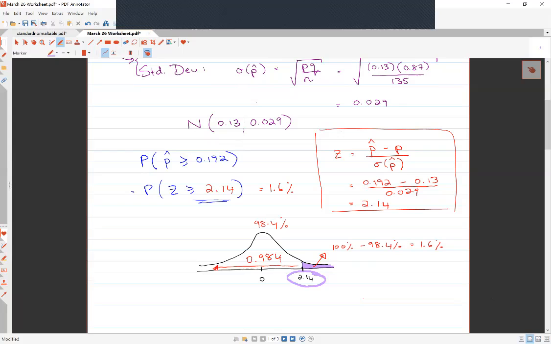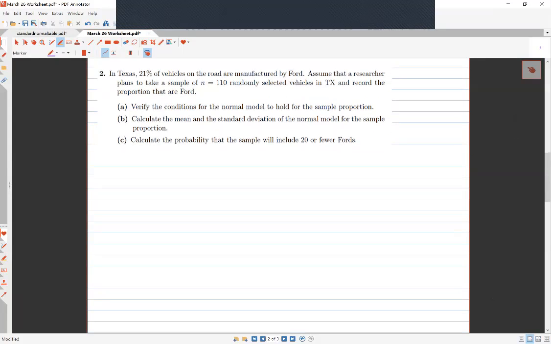Okay, let's move on to the next example. And the setup will look familiar, but the questions being asked here are different. But we had a similar setup to a problem in our previous live session. So in Texas, 21% of vehicles on the road are manufactured by Ford.